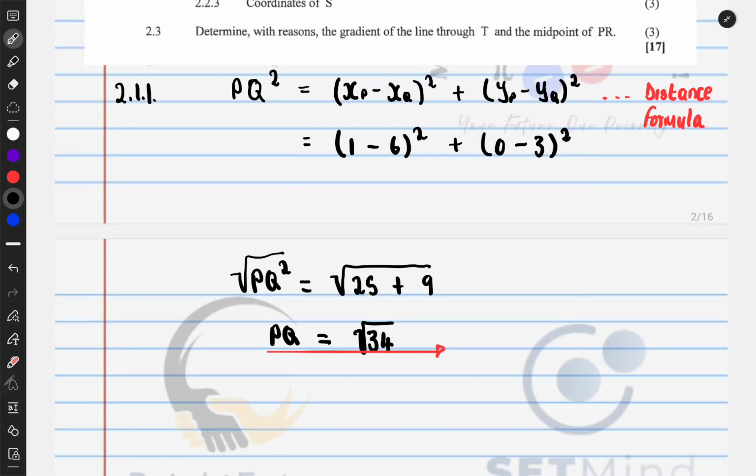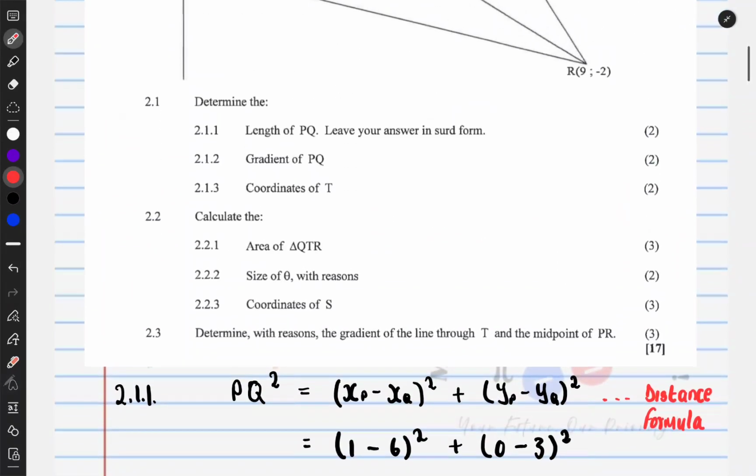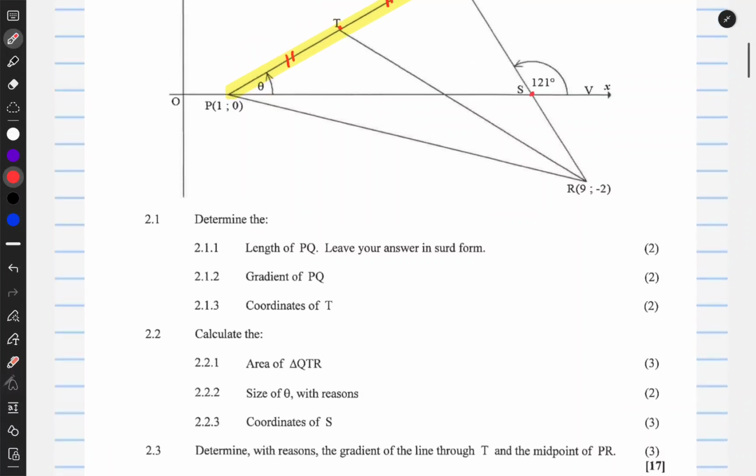I forgot to write 34 units. Okay, and that is how we go about solving for 2.1.1.